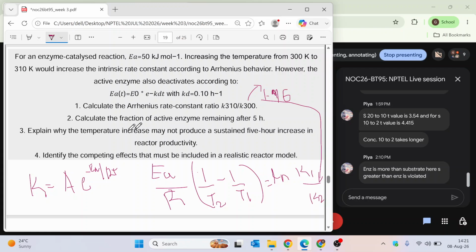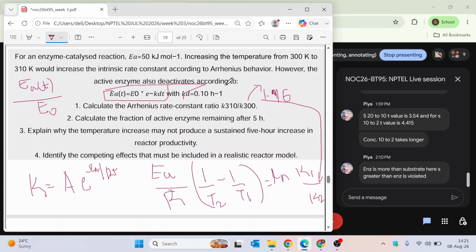Okay, and you have to calculate the fraction of enzyme that is active after 5 hours. For that you can use this equation. Here the fraction that is going to be active is E(t) by E naught, which is equal to e power minus kd t. You know the kd value is 0.1 per hour, the t is 5 hours.